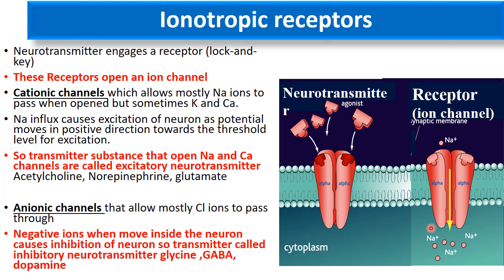So whenever the neurotransmitter comes and binds to the binding component of the ionotropic receptor, the ion channels open up and there is a tremendous movement of ions inside and outside. These channels can be cationic channels. Here the example is shown of a cationic channel in which sodium is moving from outside. As you all know, more sodium is present outside, so it will move inside.